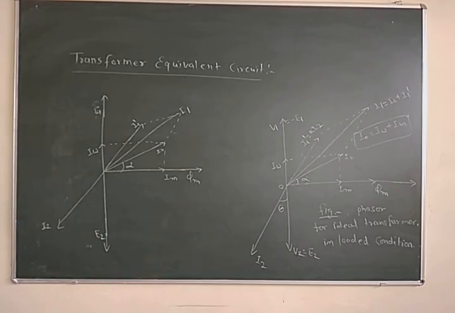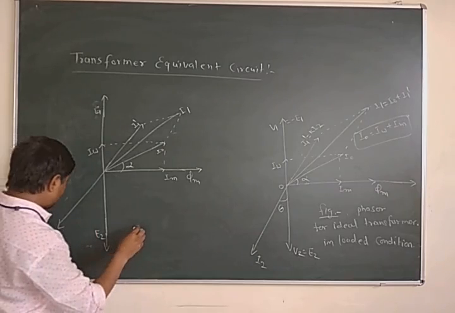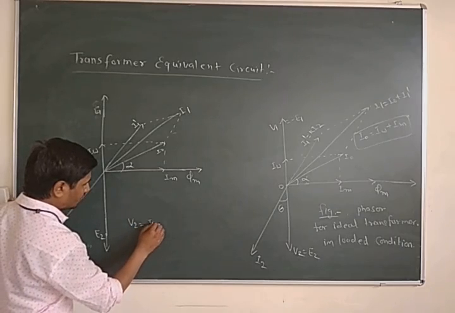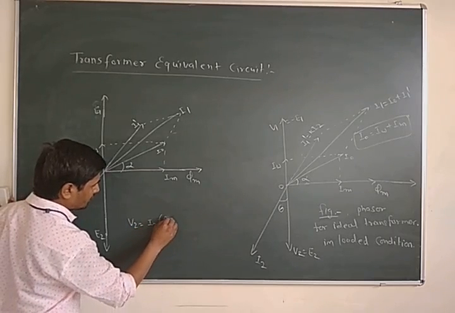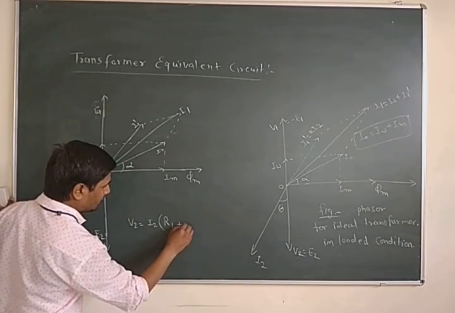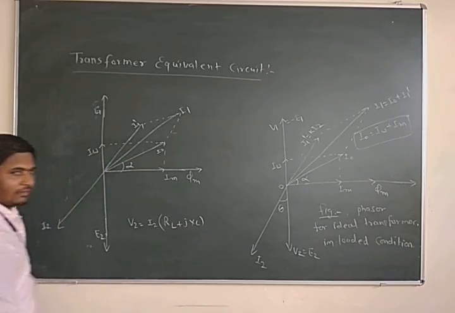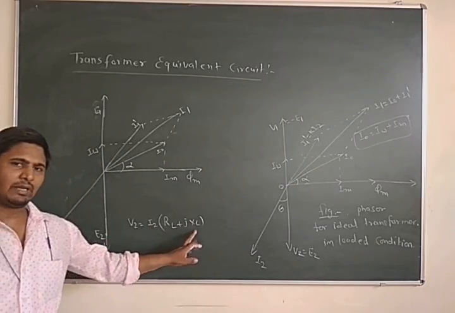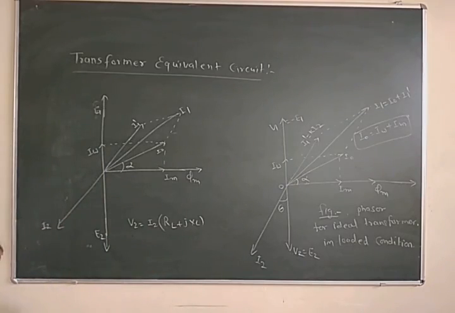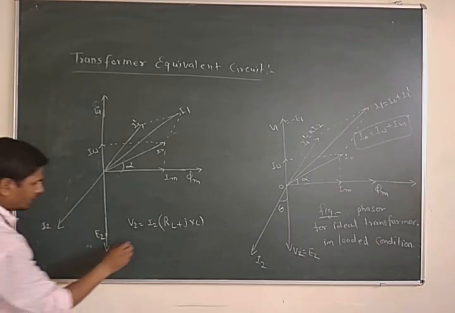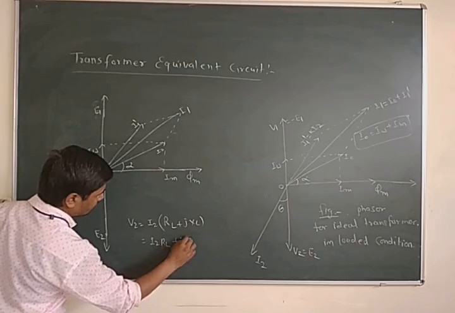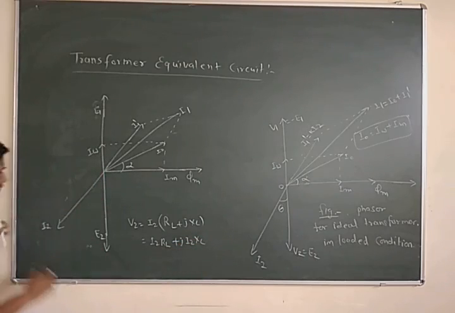Now V2 is equal to I2 into RL plus jXL. So V2 is equal to I2 RL plus j I2 XL.